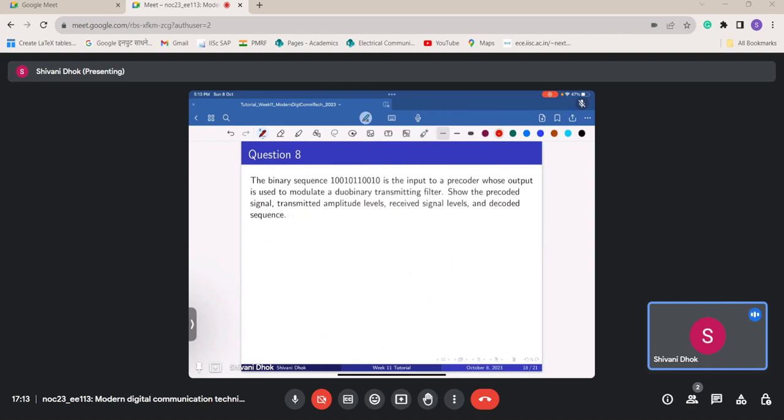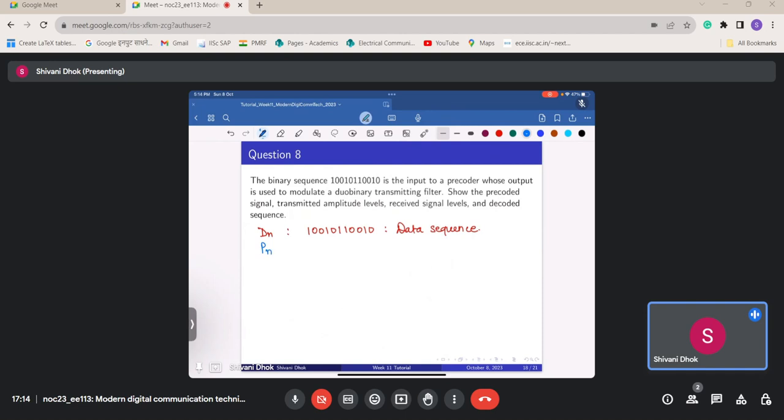So just to mention that the sequence Dn is 1 0 0 1 0 1 1 0 0 1 0. So this is my data sequence, and this data sequence is input to your precoder. What is the output of this precoder?